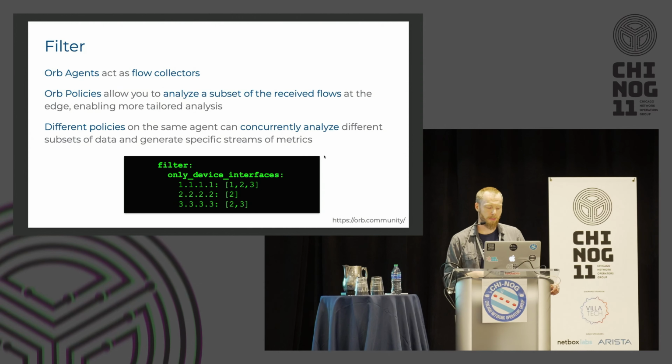In this case, we're saying we're interested in only seeing flows from particular interfaces or devices. And it's key that you can expect a single Orb agent to run many policies at once. That's totally normal, right? An Orb agent should not just be running a single policy. You want to be able to dynamically configure these agents, send them a bunch of policies, turn down the ones you don't need, right? It's a dynamic system.